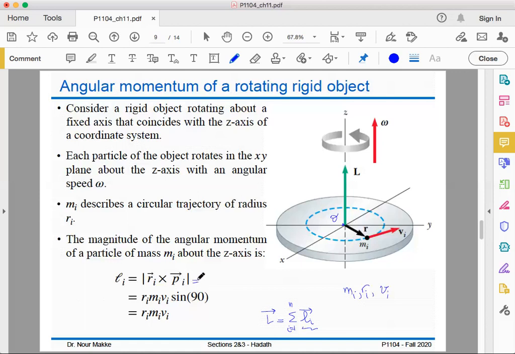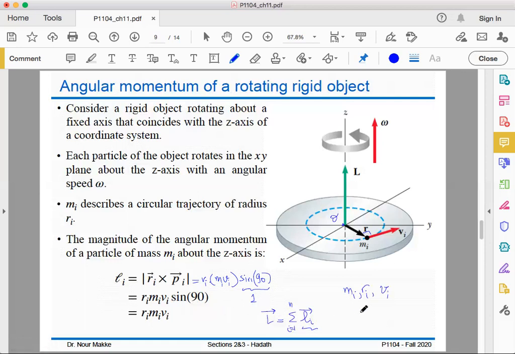As we know, it is Ri, the magnitude of the first vector, multiplied by the magnitude of the second vector, mi times vi, multiplied by the sine of the angle between r and v. We know that for any particle moving along a circle, the velocity vector is tangent to the circle, which means it's perpendicular to the radius. So the angle between r and v is 90 degrees, and sine of 90 degrees is simply equal to 1. And so we end up with Li equals Ri times Mi times Vi.